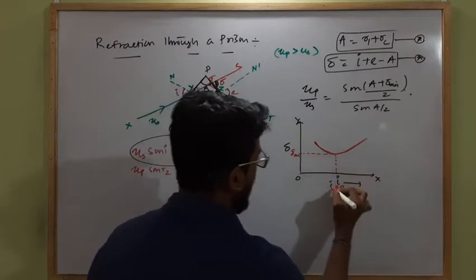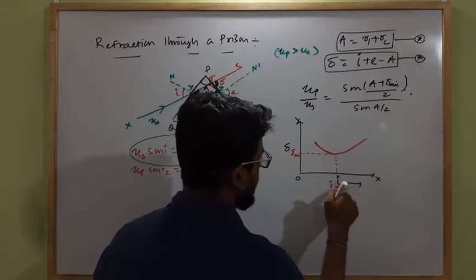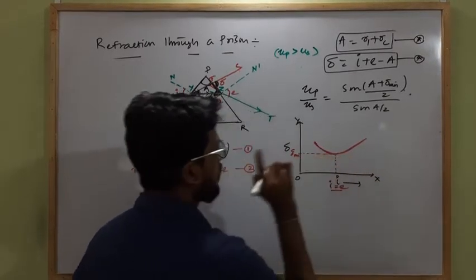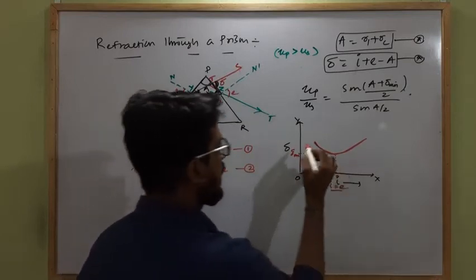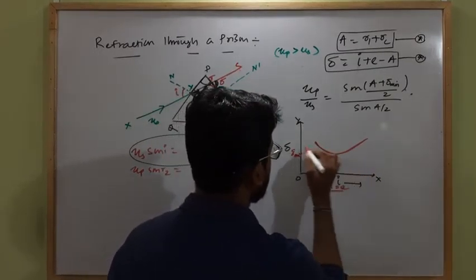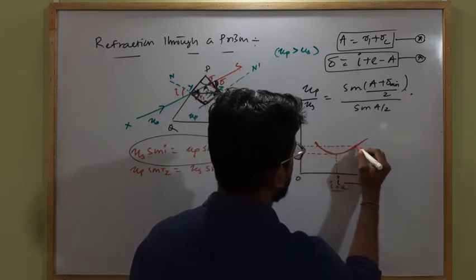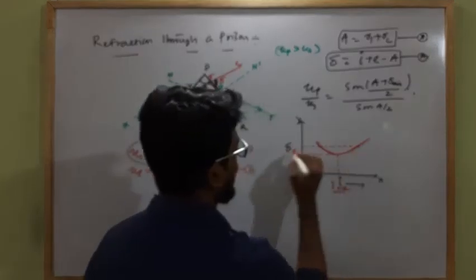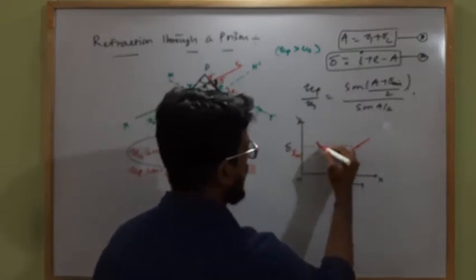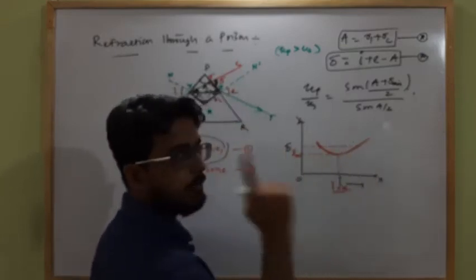Clear? And at i equal to e, when angle of incidence equals angle of emergence, we will get the minimum deviation. And for any angle of incidence, there are two values of deviation. Okay, if I am drawing, the angle of deviation will be two times.